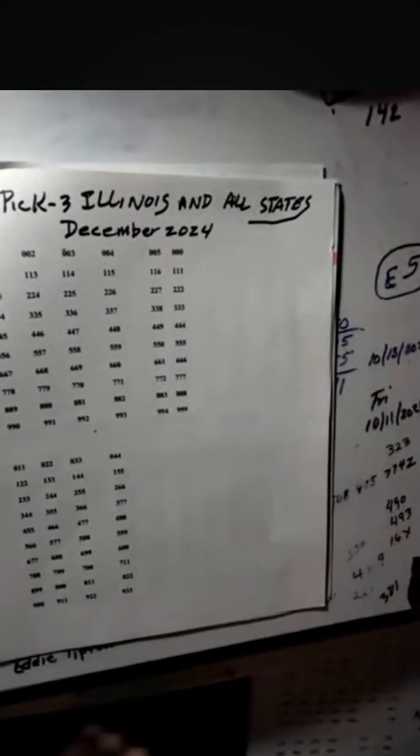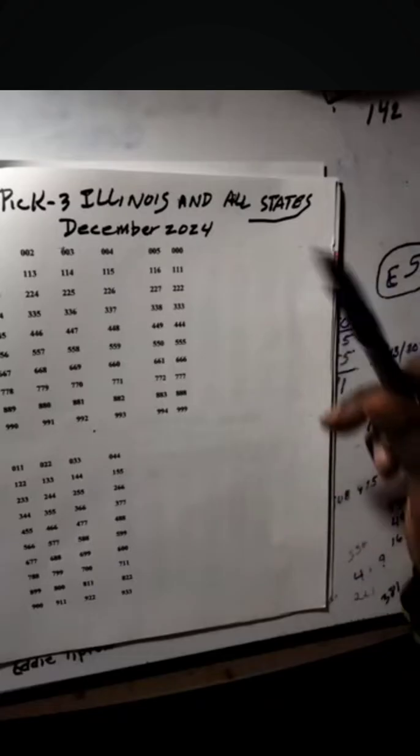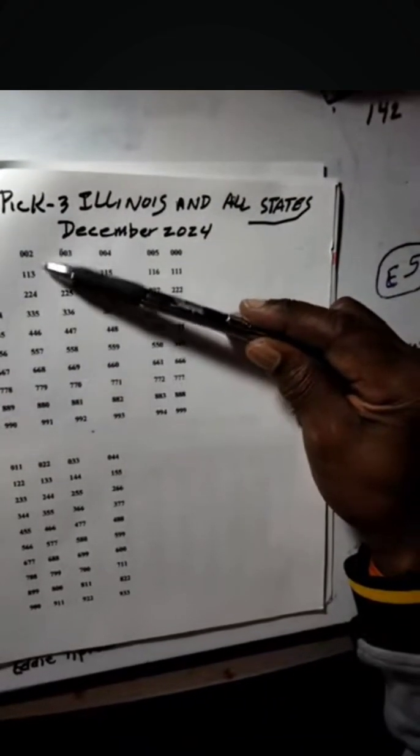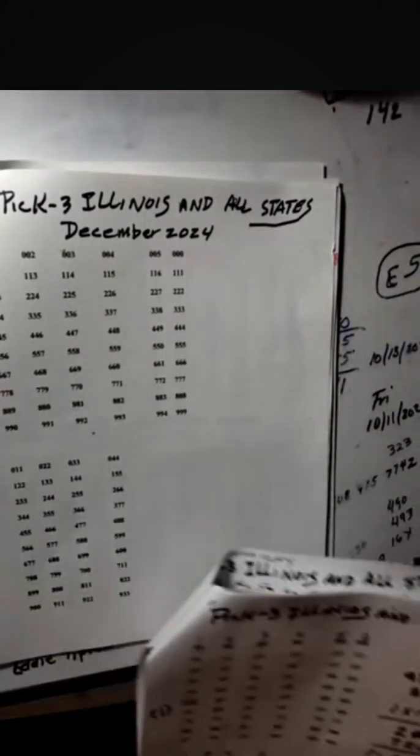On those 22 numbers, you see what numbers have failed for November. And then what you do, whatever column didn't hit, you highlight it and carry them numbers over to December.